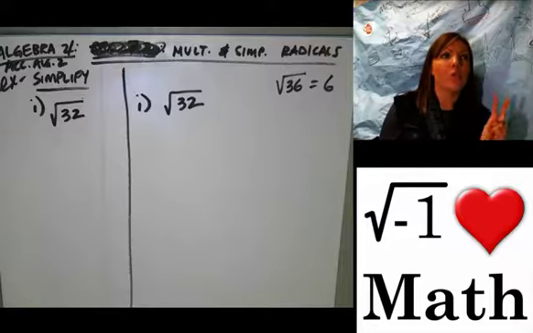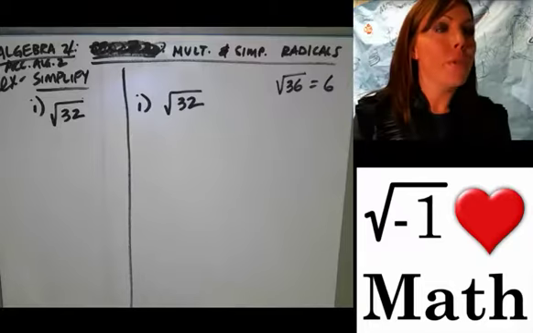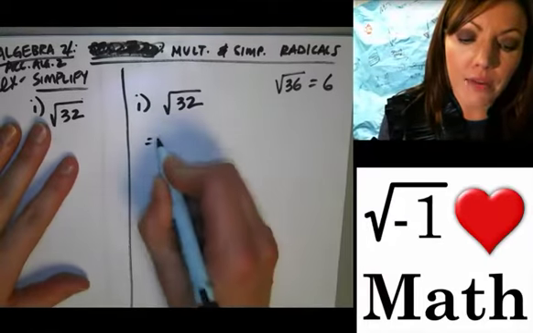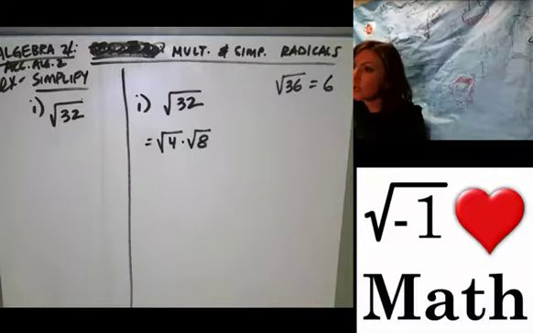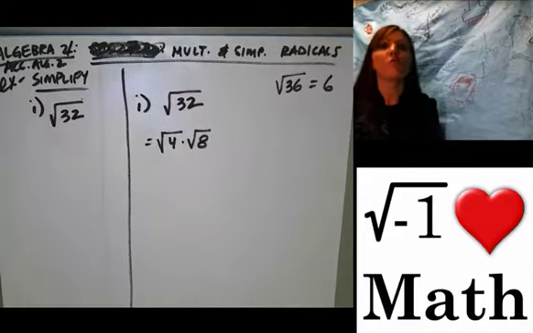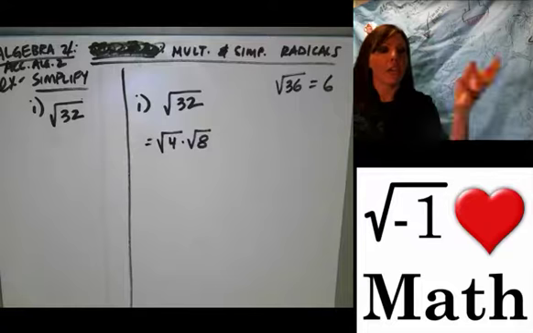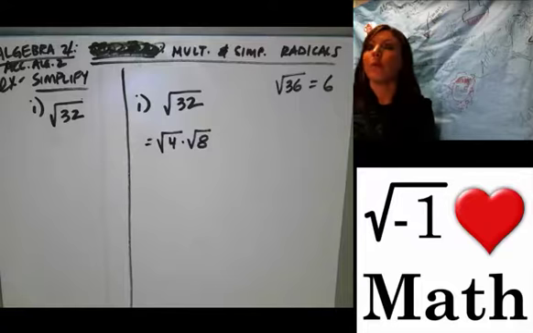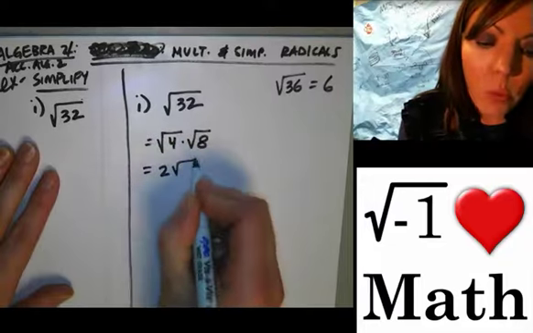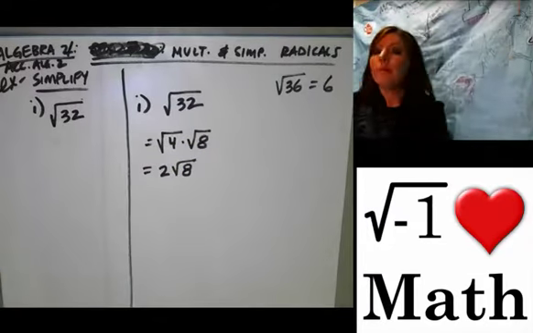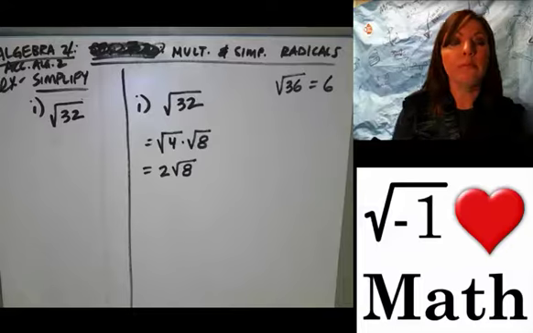Olivia? 4 and 8. Give it up for Olivia. So I just rewrote that as the square root of 4 times the square root of 8, because like Olivia said, 4 times 8 is 32. Now, what is the square root of 4? 2. So now we're down to 2 root 8. We got one of the square roots out of there.